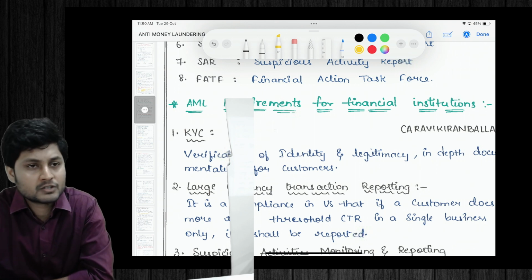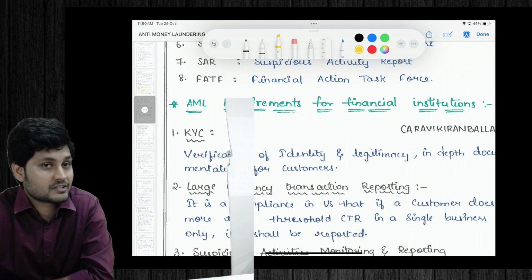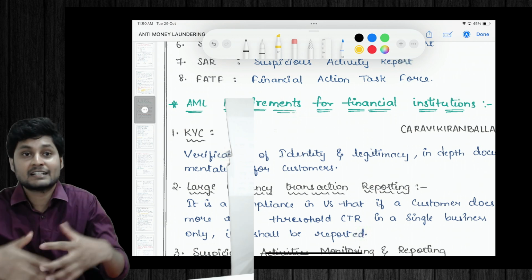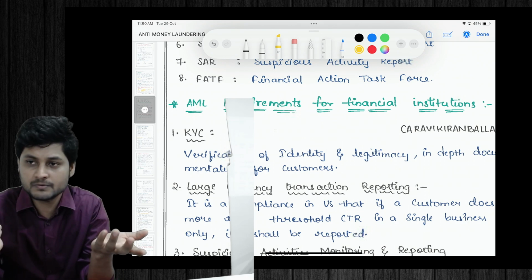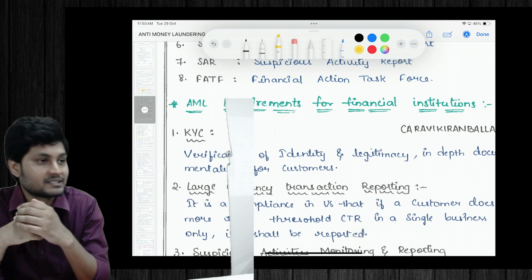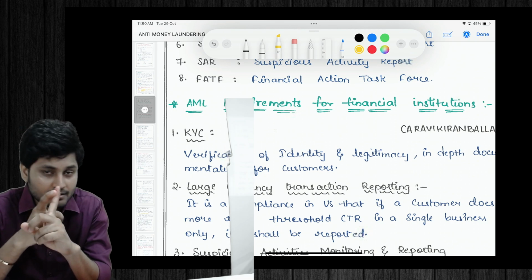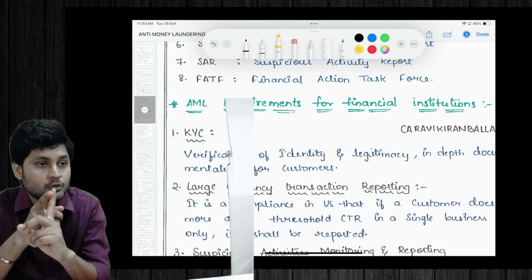When you want to do high-valued transactions, they will immediately ask the reason. Why are you transferring more than 1 lakh, 2 lakh, 3 lakh? For all transactions, the bank will try to get the information from you, for what purpose it is happening. This is the first measure for banks and financial institutions: know your customer.